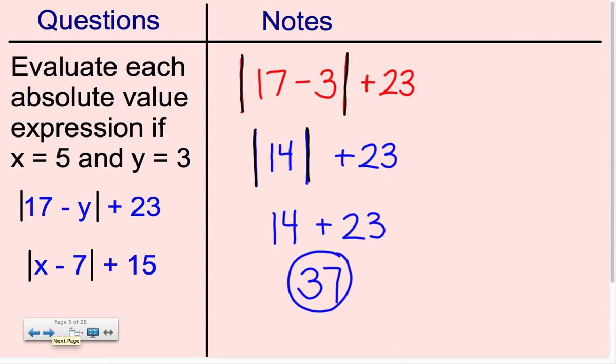Next one is x minus 7. So if I know that x is 5, so 5 minus 7. Then I'm going to, again, work inside of my absolute value lines first. 5 minus 7 is negative 2.